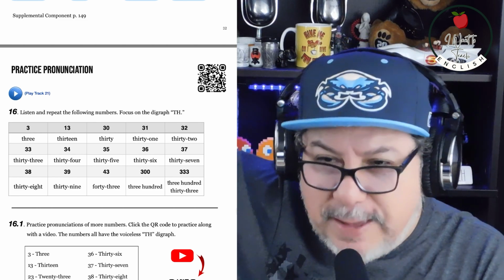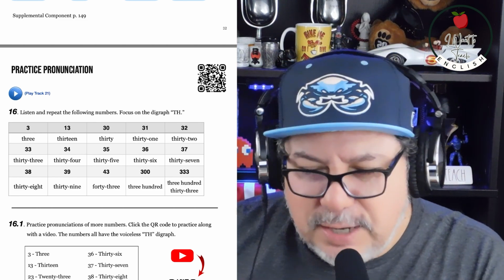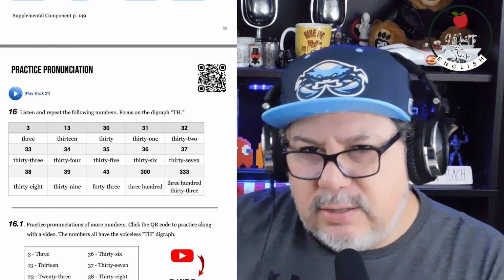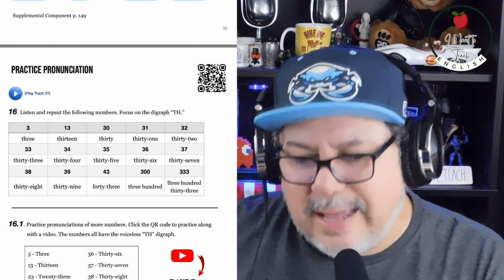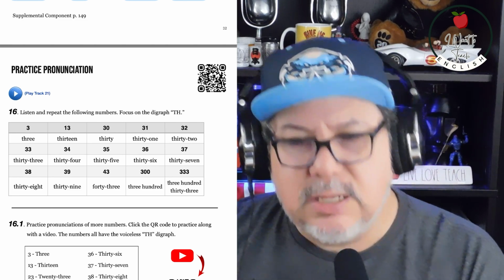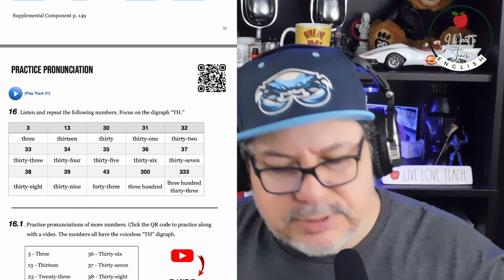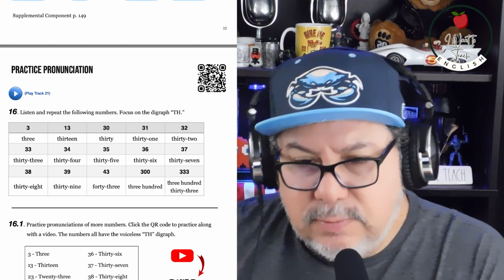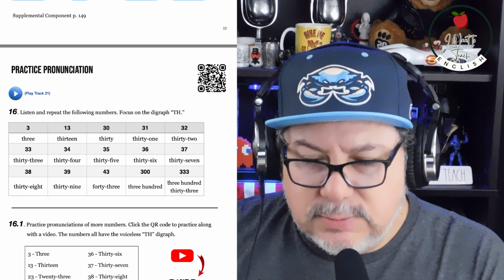And of course that always gets a lot of laughs. But in the end, they know it's a serious matter, that they need to distinguish that sound. They need to be able to pronounce 3 instead of tree, because if numbers are involved, they want to pronounce them accurately so that they can get their point across.